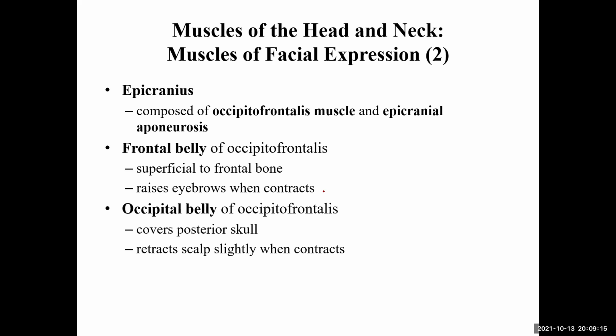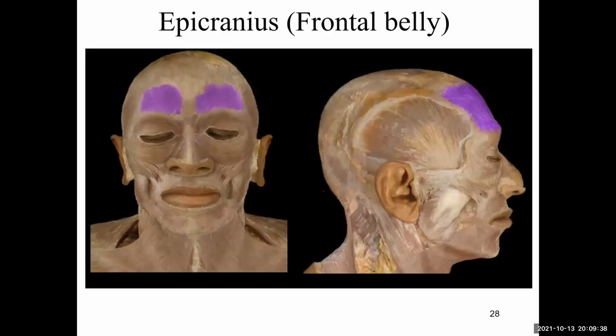Dwayne Johnson, the Rock, has a very well-developed frontal belly of occipital frontalis because he's able to raise his eyebrows relatively easily. The occipital belly sits on the back of your skull, and when you contract this muscle, it moves your scalp around. It almost looks like your hair is not attached to your head, like a wig.